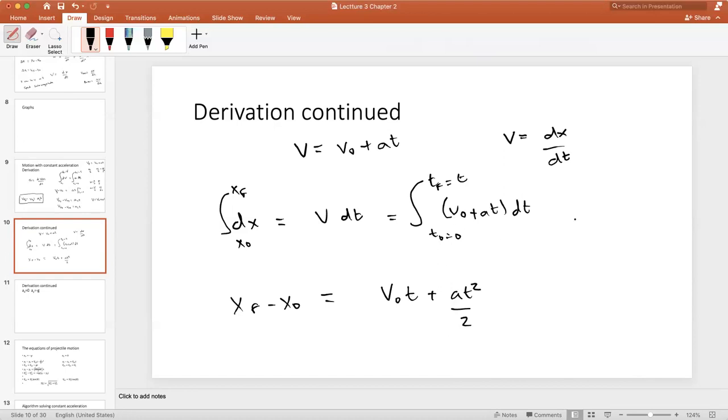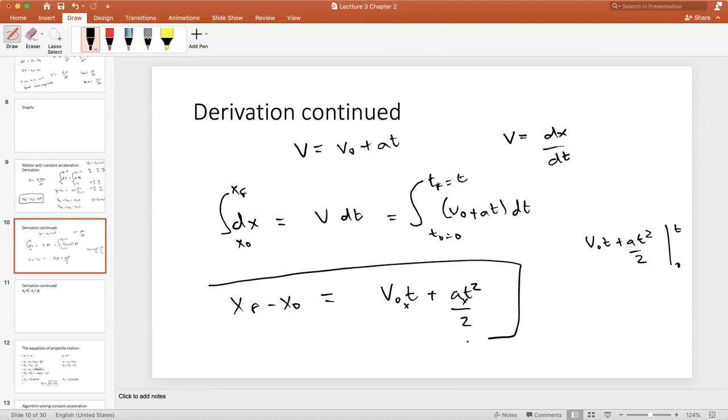So we will get v naught t plus at squared over 2 from 0 to t. But the 0 doesn't matter at all. Again, if I put a little x, you could have this same equation in y and in z, in whatever coordinate system you have. This is our second equation.